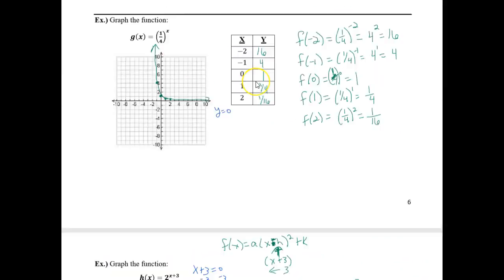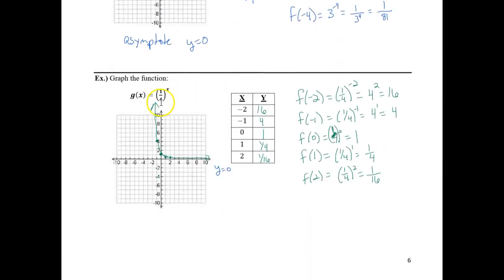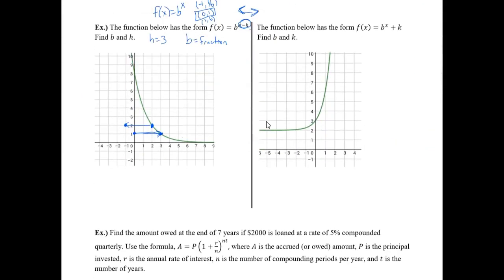So when it was 1 over 4, -1 was at a height of 4. Here we have 2. So our b is going to be 1 over 2. That's our b value. And we already know it's going to be -3 because that was our h value. So this function, f of x, is 1/2 to the x minus 3 power.